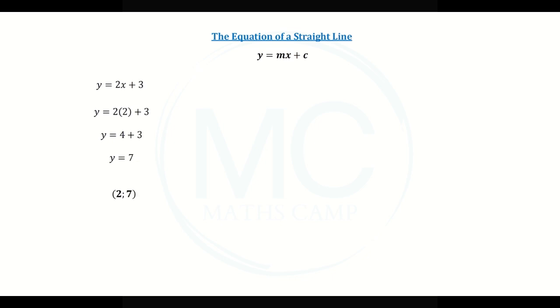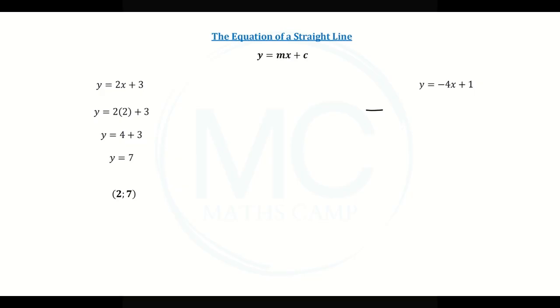We can also find the x-coordinate of a point if we have the respective y-coordinate. So let's look at the equation y is equal to negative 4x plus 1 and find x if y is negative 11. Now we simply substitute negative 11 into y and solve for x.